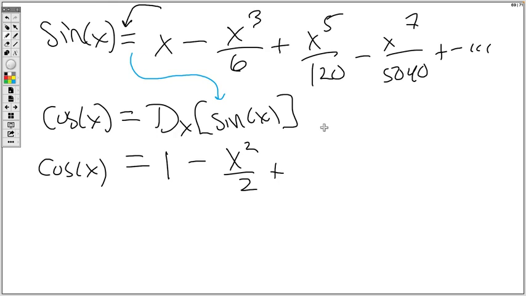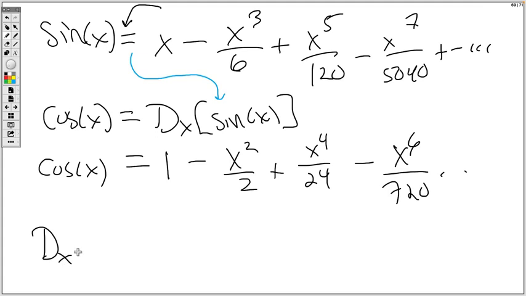That'd be 5x to the 4th over 120, which is x to the 4th over what? 24. What's the derivative of x to the 7th over 5040? 7x to the 6th over 5040, which would be x to the 6th over 720.